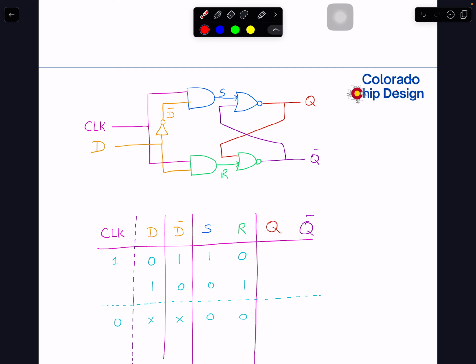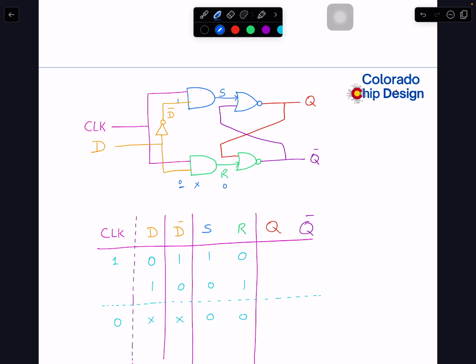Let's look into the case when clock is 1. Clock is 1, so this is enabled, this is enabled. It really depends on the value of D on the other input. When D is 0, this is 0, and this is 1. This is 0, which means it is disabled, so the output is 0.